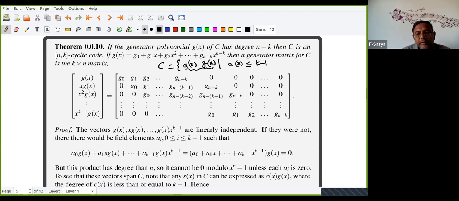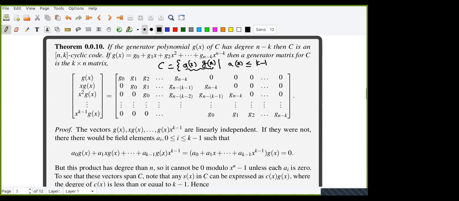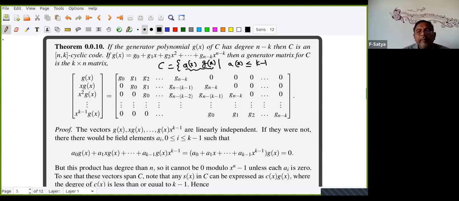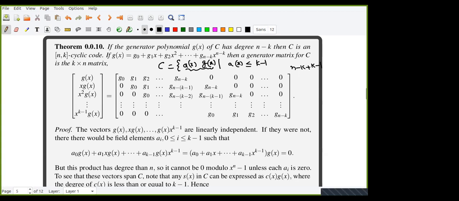Actually a of x into g of x is a linear combination of g of x, x g of x. Sir, it should be strictly less than k minus 1, right? k minus 1 is also allowed, right? See, n minus k plus k minus 1, how much?